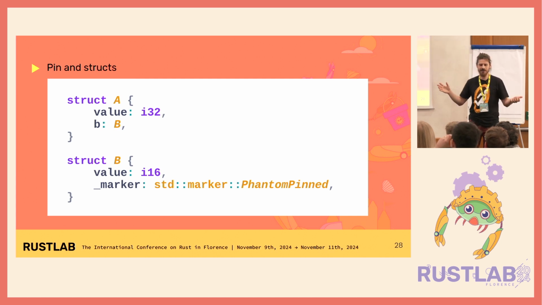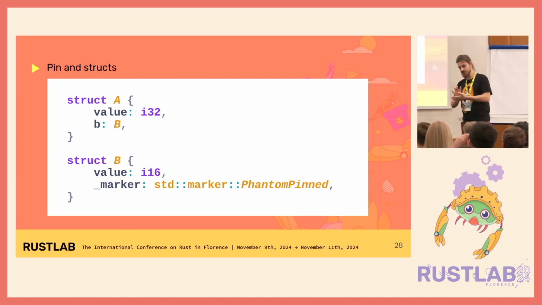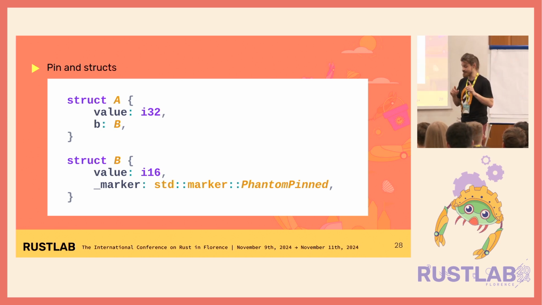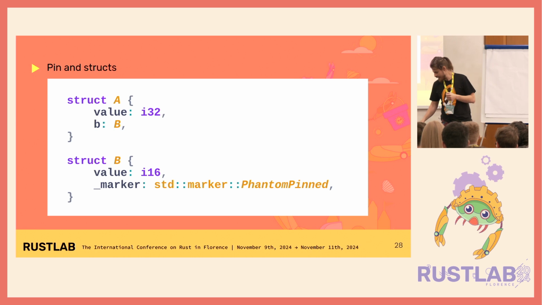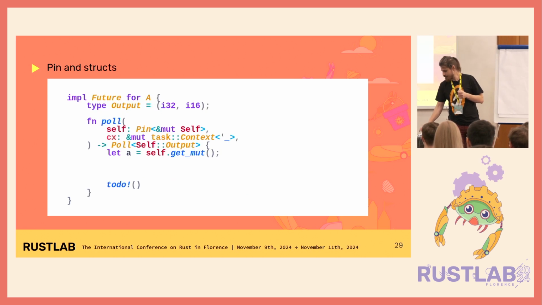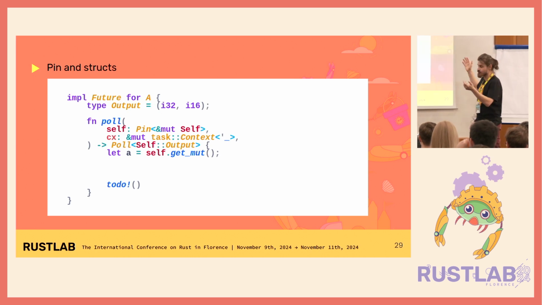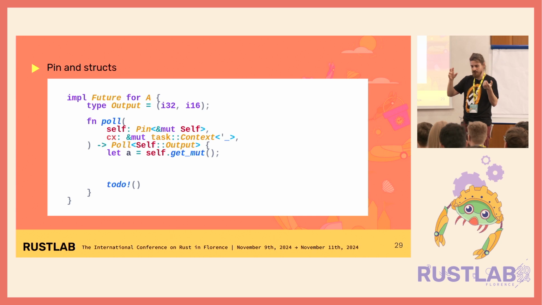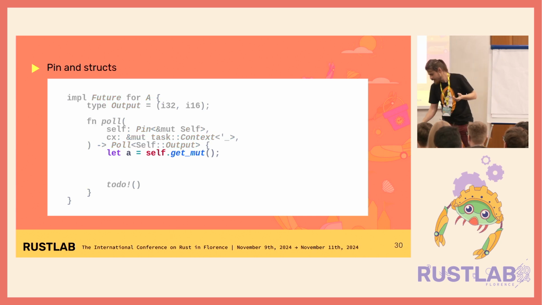Also, mostly all the futures created by async functions are not Unpin. That's important to know. And what happens if you try to implement, for instance, Future for A? In this case, A is Self, okay? So you have this Pin<&mut Self>. That means that you have a pinned mutable reference to A, okay?